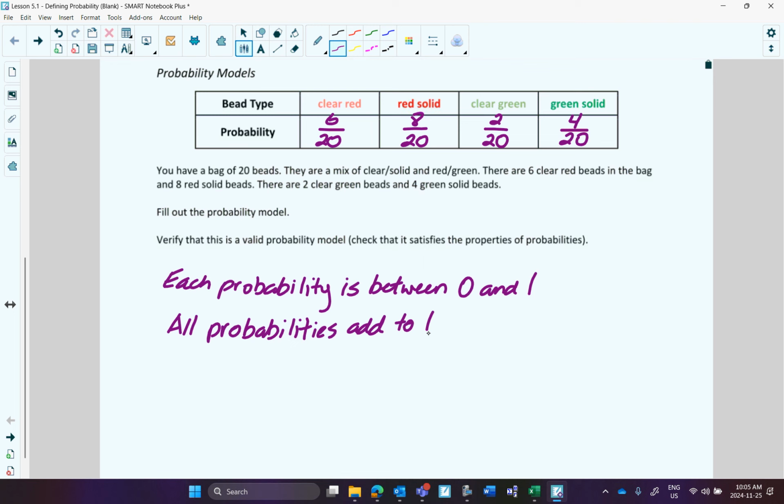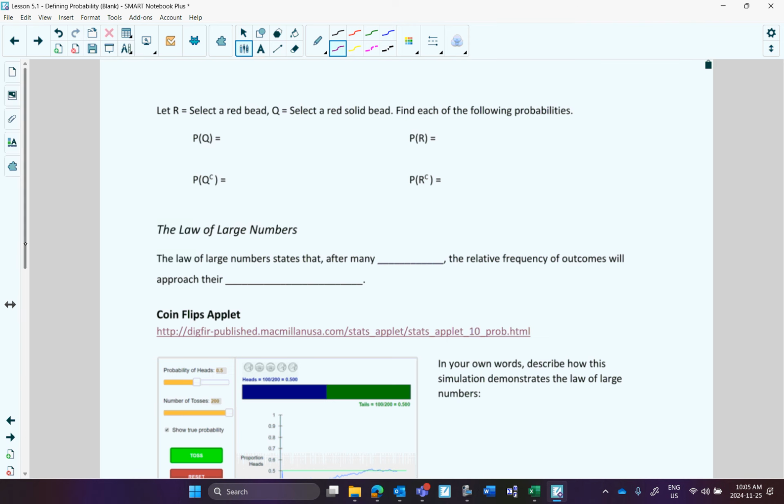Usually when you're checking to see if a probability model is a valid one, those probabilities will be between 0 and 1. There won't be one that's 0 and the other one's 1, because if one of them is 1, then there's no other ones, are there? Okay.